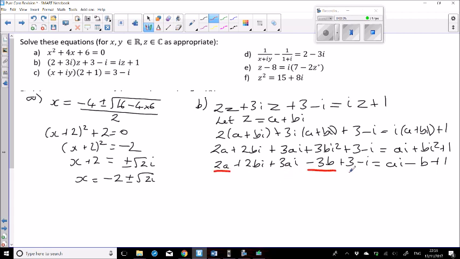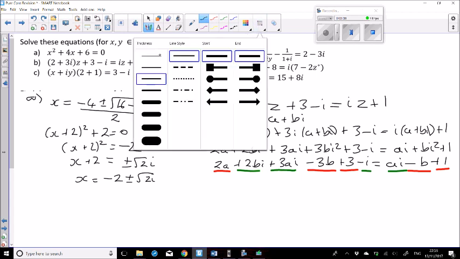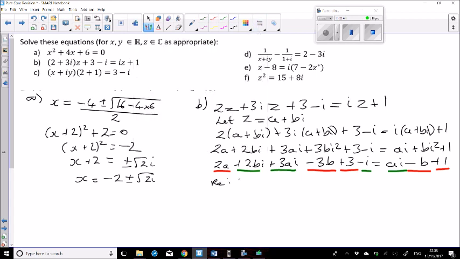So let's have a look. Real parts, and then imaginary parts. Okay, so the real parts are 2a subtract 3b plus 3 equals negative b plus 1.